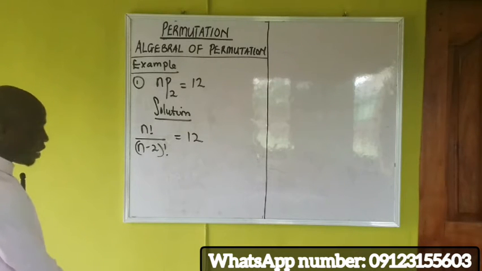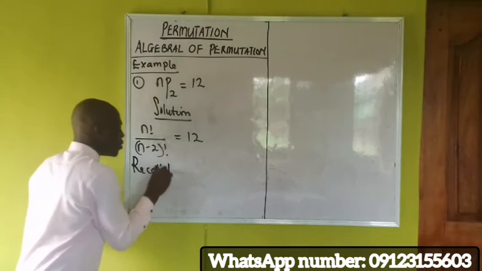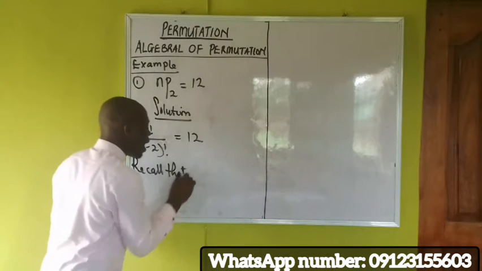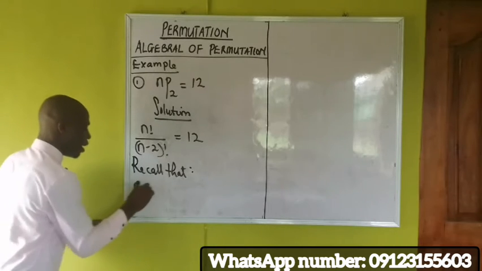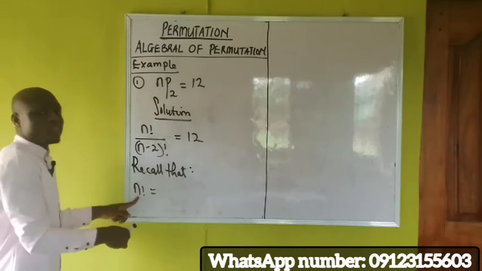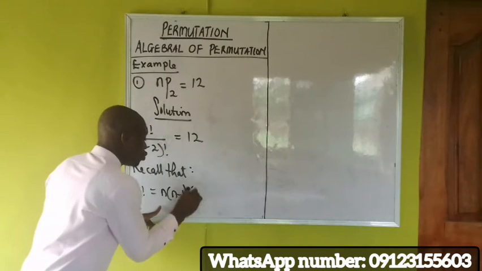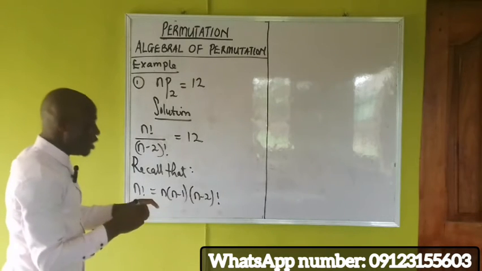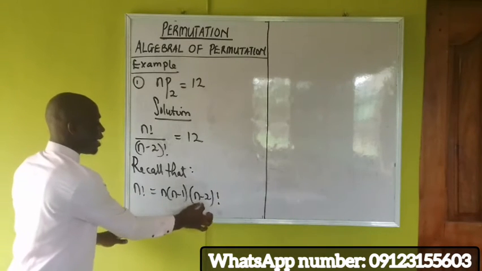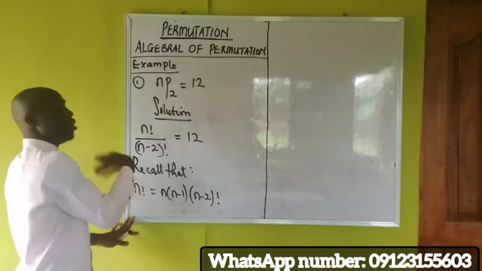Recall that we said if I have n factorial, I can simply expand this as n into n minus 1 into n minus 2 factorial. It continues. The reason why I'm stopping at n minus 2 factorial is because I have n minus 2 factorial below, so that they can cancel out. That's why I stop at this point.